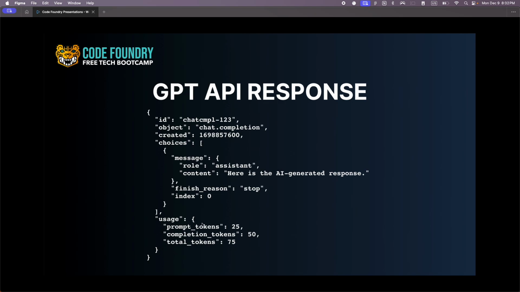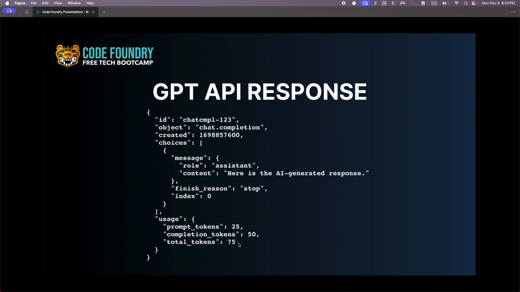Finally, down here we have usage, which tells us how many tokens we used. And that is important because ChatGPT at least uses tokens as a form of payment. Upfront, you have to pay ChatGPT for your tokens, and you can determine how many tokens you want to use on a response when you send it a request.